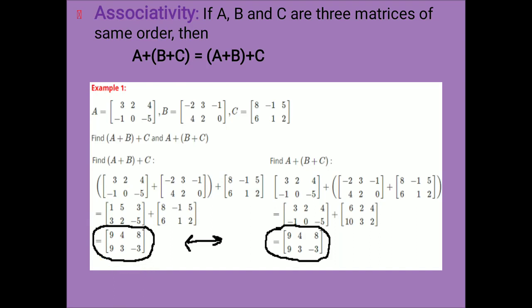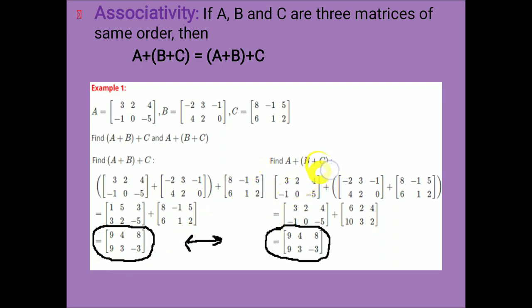Just now we discussed addition, how we did the addition, like 3 plus minus 2, 2 plus 3, 4 minus 1 and so on. So first you solve these two and then the resultant will be added with matrix C. So A plus B first you will get, then the result of that you add with C. So you get the result as this matrix, A plus B plus C. And on the right hand side, the same thing is done.